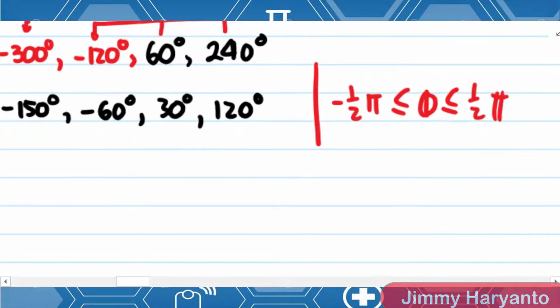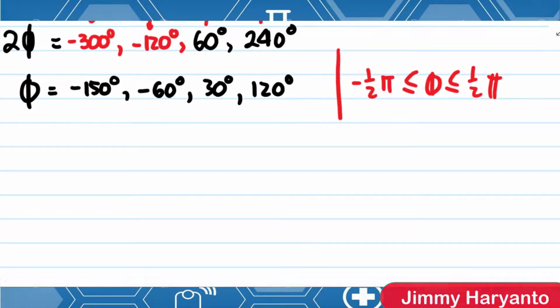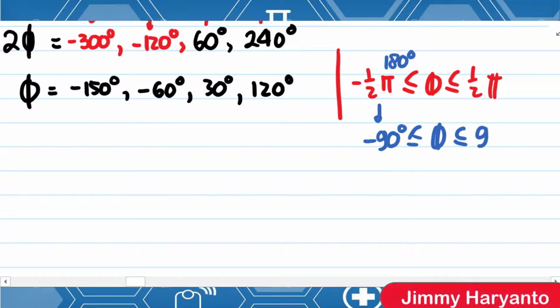Okay. So we are not too familiar with the radian, we can change this into degree. 180 degree times negative half, negative 90 degree less than or equal to theta less than or equal to 90 degree. That means this one is rejected and this one also rejected. We can choose the 30 and negative 60.